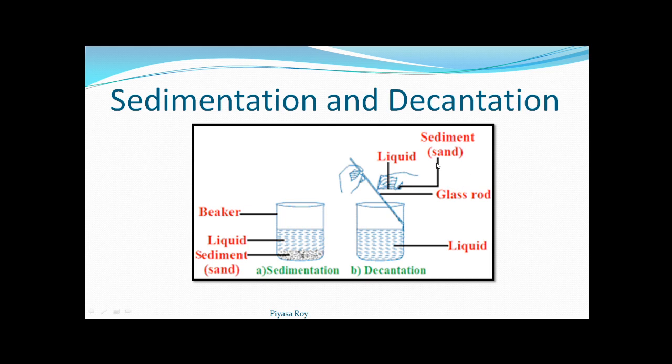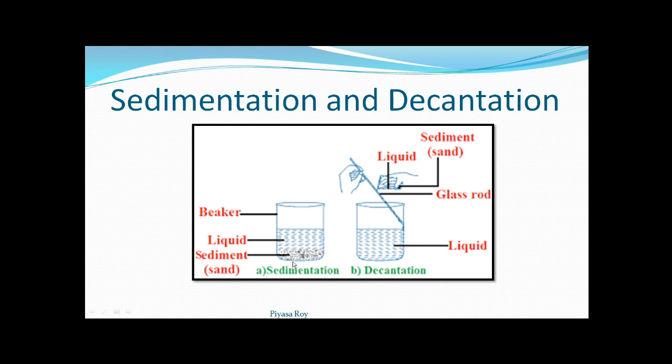So this sediment will be there only in the first beaker, and the supernatant liquid can be transferred in this another beaker. This whole process is called decantation. So by sedimentation and decantation process we can separate heavy solid and liquid mixture.